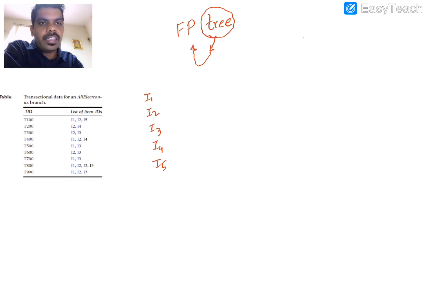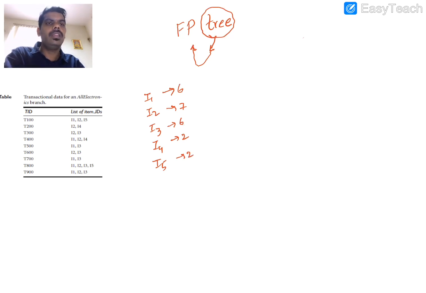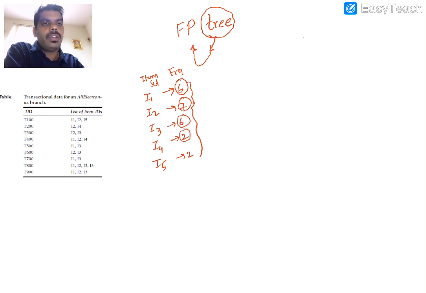The minimum support, meaning the number of occurrences, or you can say frequency, is: I1 is 6, I2 is 7, I3 is 6, I4 is 2, and I5 is 2.